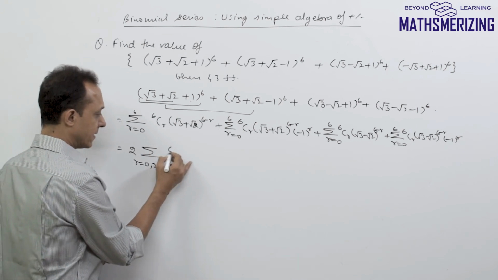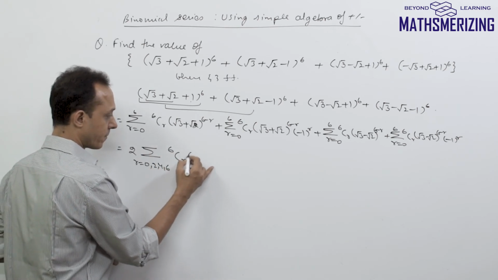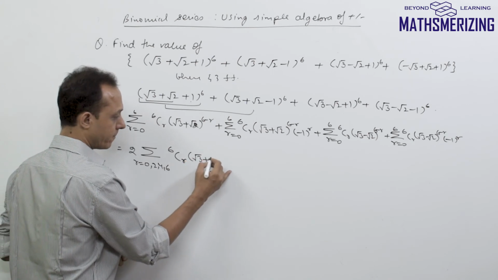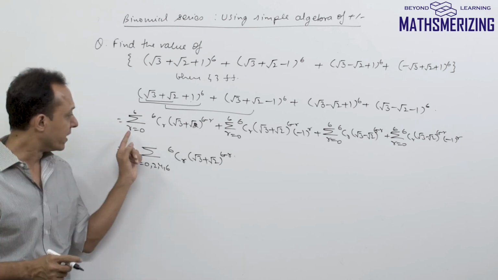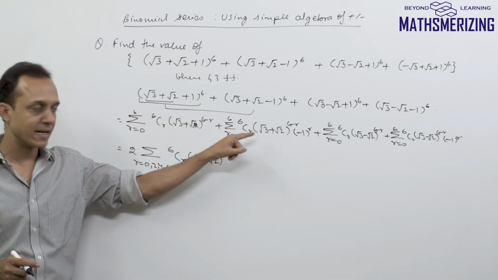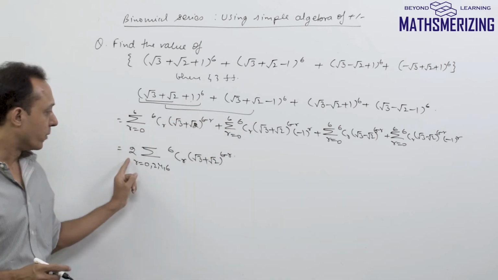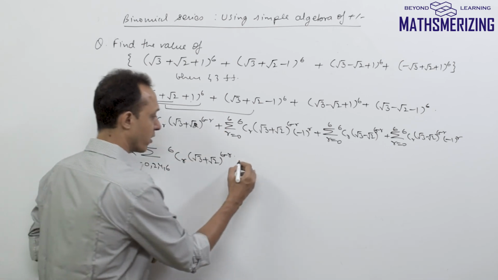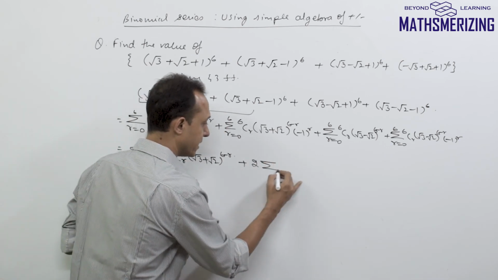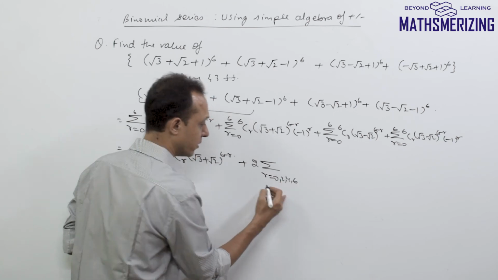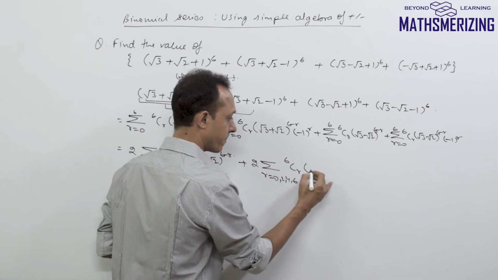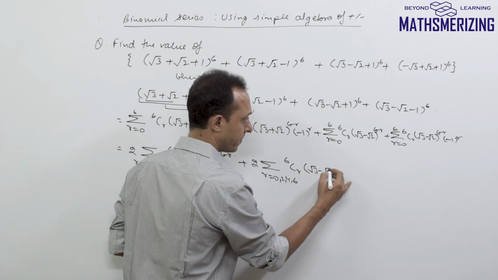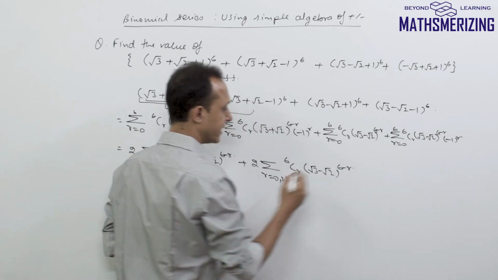So I'll write it as 6Cr (root 3 plus root 2) to the power 6 minus r. When the value of r is odd, these terms cancel out, and when r is even, they add up, right? In the same way I can write it for the second one also. There'll be 2 times summation, again r will take even values 0, 2, 4 and 6, and here will be 6Cr (root 3 minus root 2) to the power 6 minus r.